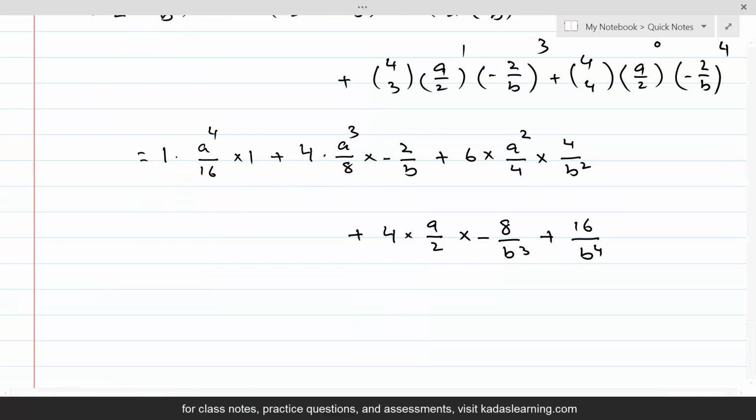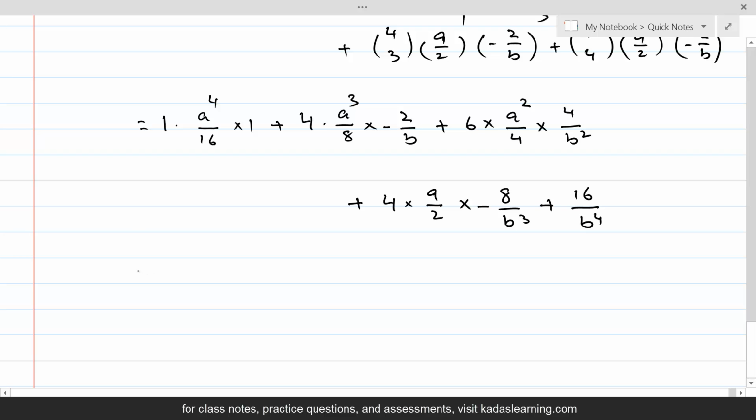It is simplified, and now we will further simplify it. So this will become equal to a^4/16, and here this will get cancelled. 4 times 2 is 8 and this is 8, so this becomes minus a^3/b, and here this will become plus 6 because 4 will get cancelled with this 4.